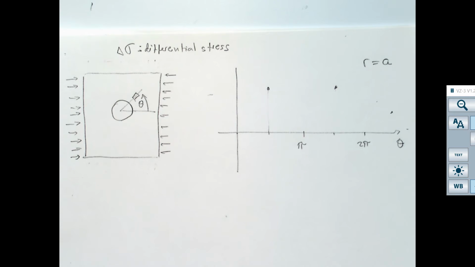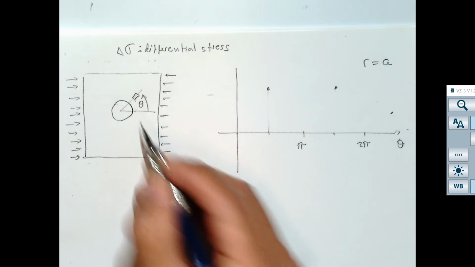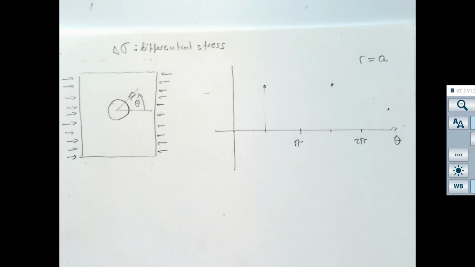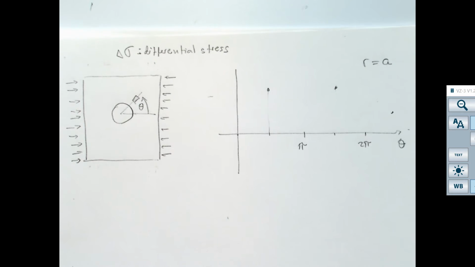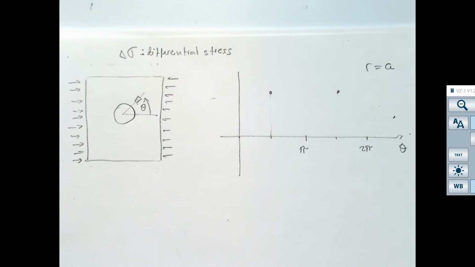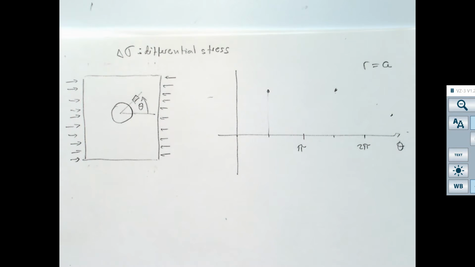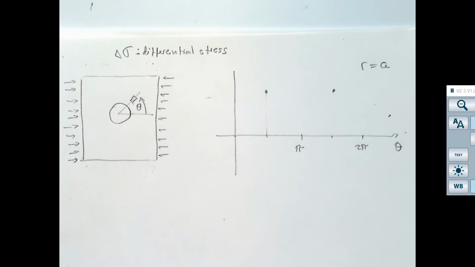And before we put everything, for theta equal to 0, would you expect to have a compression or a tension or 0 value? Well, it's not that easy to say, okay? And that's why we need the Kirsch equation.